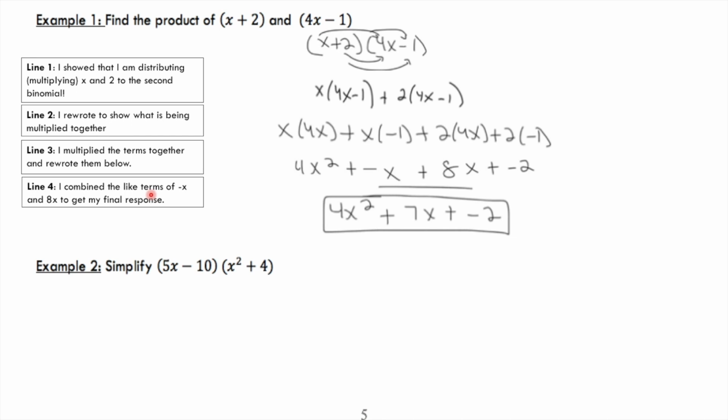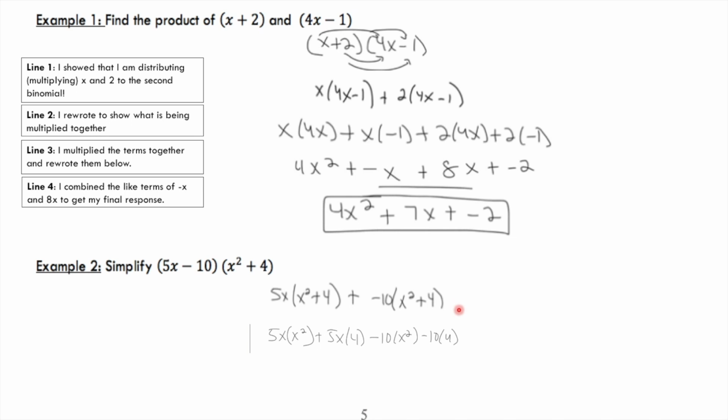Let's go ahead and look at example 2. I want to simplify 5x minus 10 times x squared plus 4. So I'm rewriting like I did for line 1 up here. I have 5x times x squared plus 4 plus negative 10 this time times x squared plus 4. I have negative 10 because I'm subtracting 10 in this first binomial, so it means negative 10 is being multiplied by my second binomial.